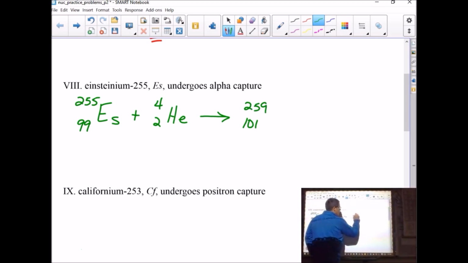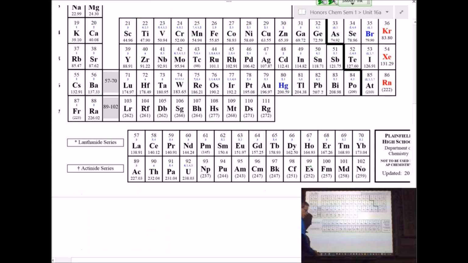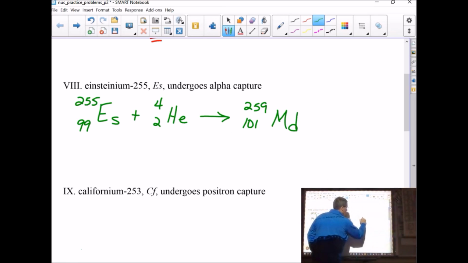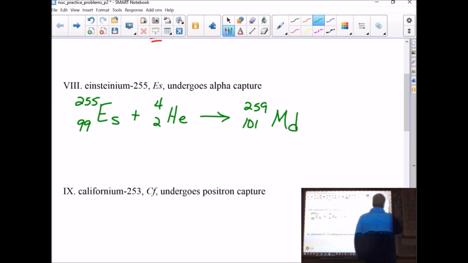So go to the periodic table, find out what element 101 is. MD, good old Mendeleev. Okay, so that's Mendeleev's element. Mendelevium, I think it is. And double check and make sure your numbers are right. Double check and make sure you pick the right symbol. It's just nuclear chemistry, guys.